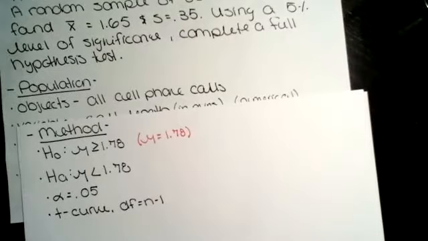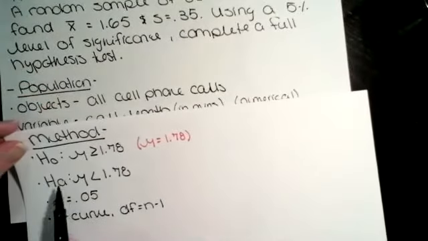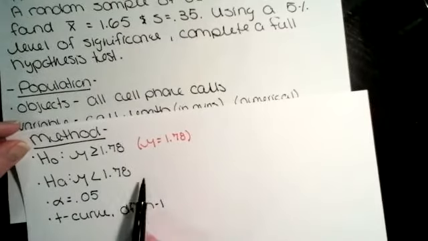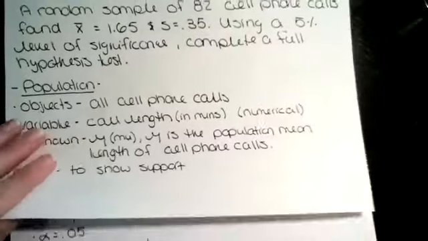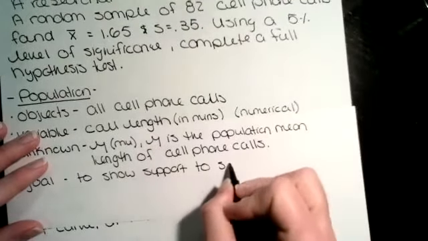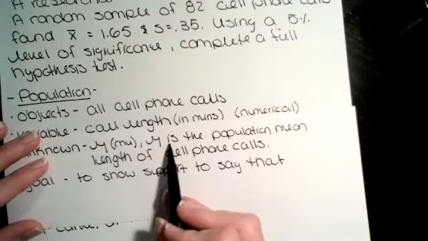So now I can go back to that population step and write my goal, right? My goal is to support HA, which is that the mean is less than 1.78. So I can write this. So I want to show support to say that, now I already defined mu right up here, right?